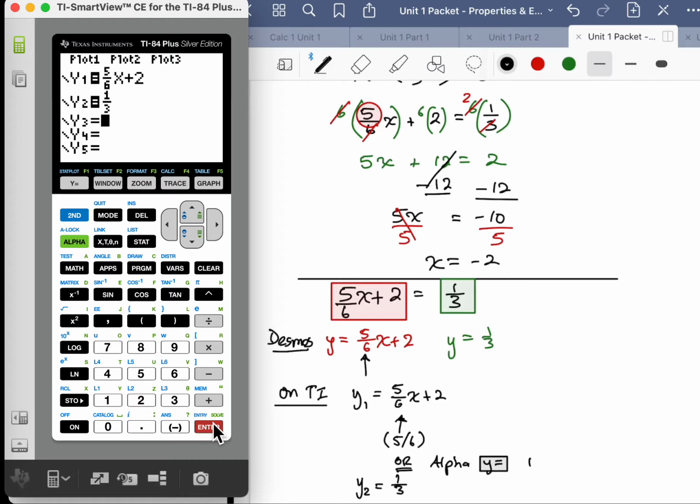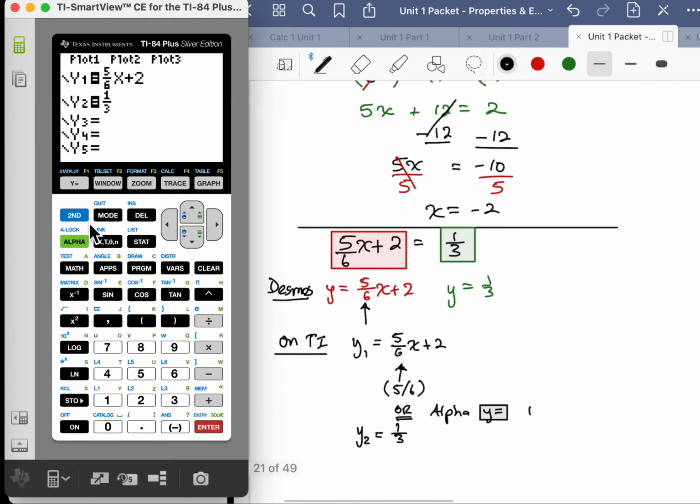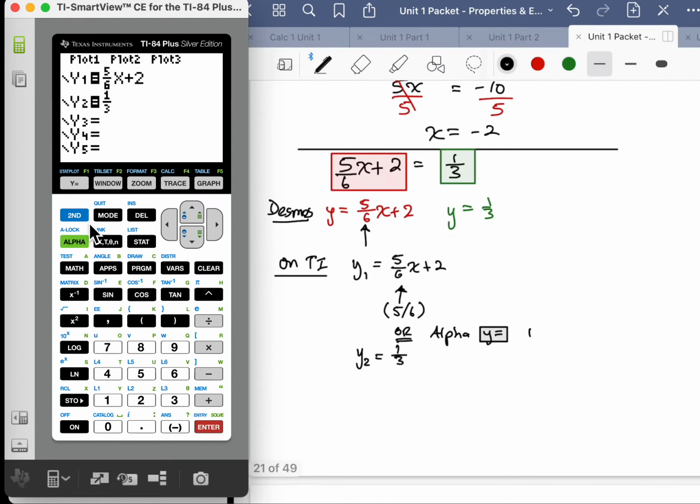Now you have your two equations in. We want to see where they intersect, just like we would on Desmos. So to show the graph, hit zoom, followed by the number 6.